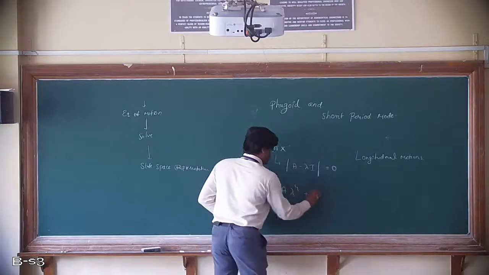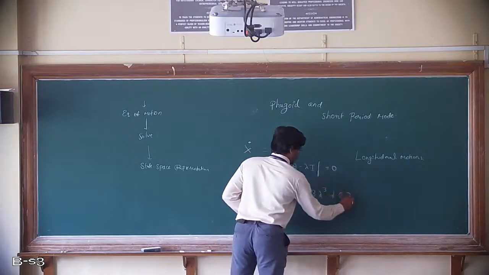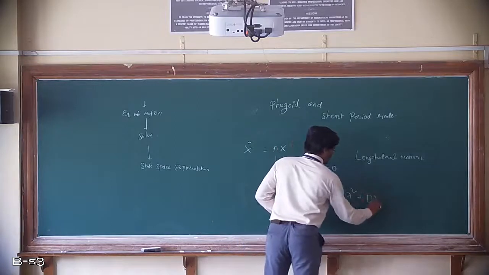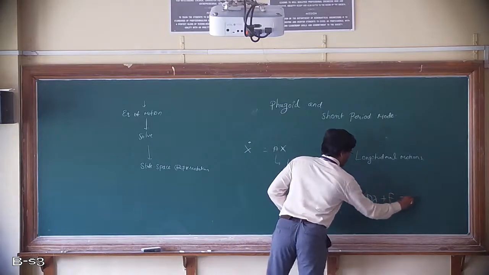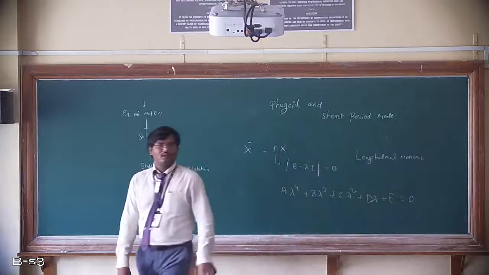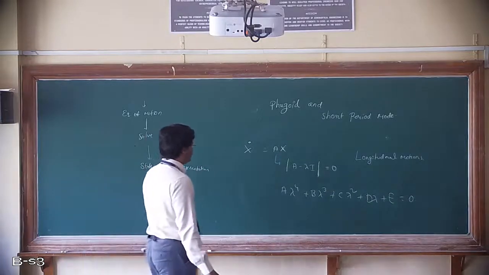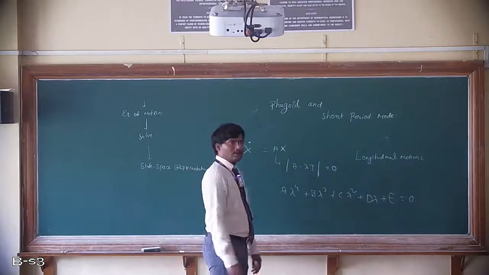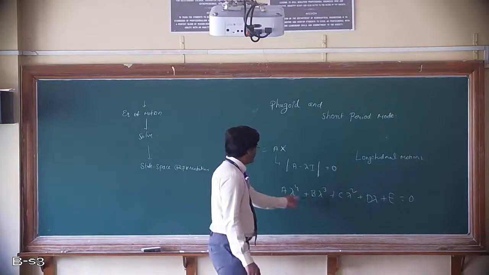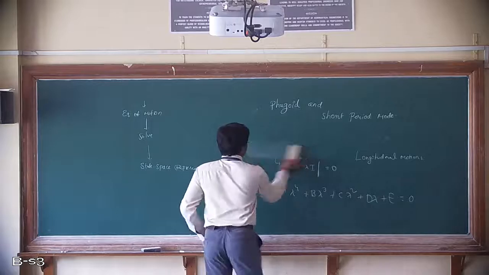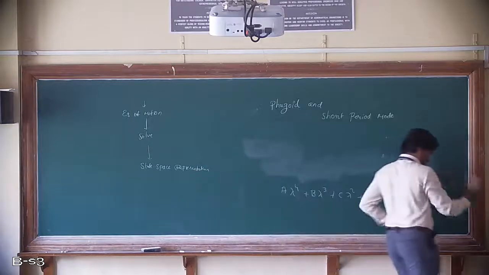Generally you are getting lambda power 4, fourth order. The characteristic equation is like this: a lambda to the fourth plus b lambda cube plus c lambda square plus d lambda plus e is equal to 0. Are you getting?